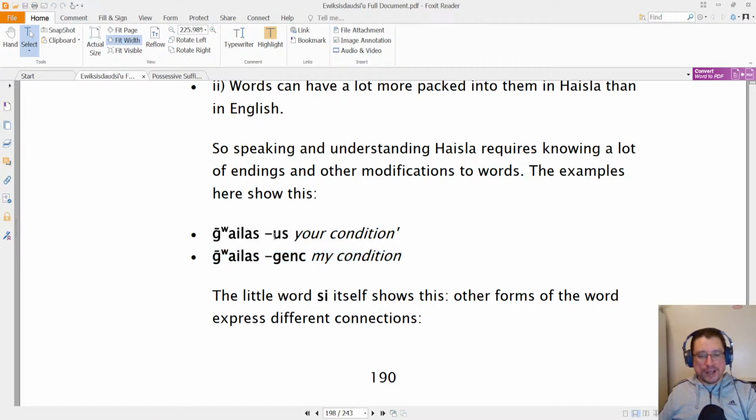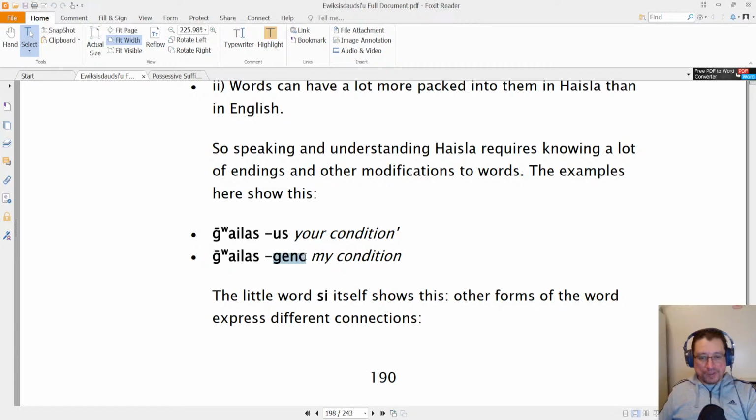Whenever you see a little dash in front of a part of a word, that means it's a suffix. That suffix needs to be added to another word. It can't be used by itself. So you can't just say us. It has to be guelasus. So it's one word. Guelasgins is one word.